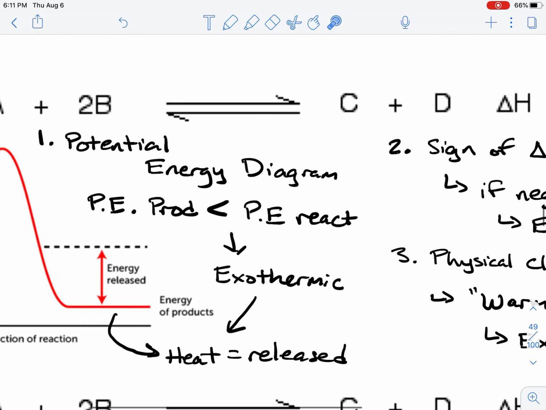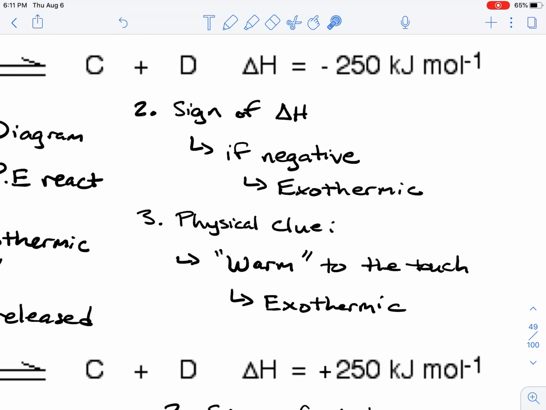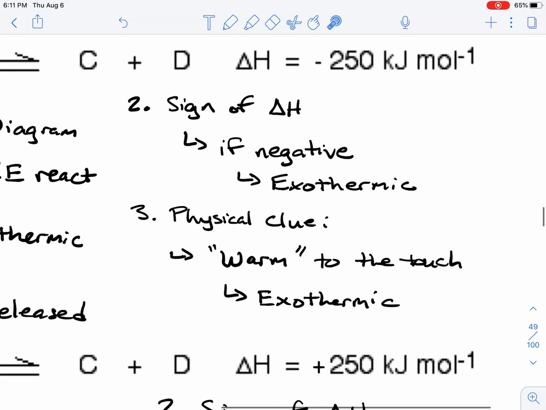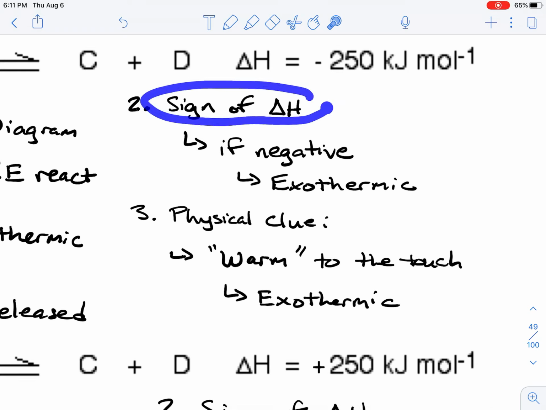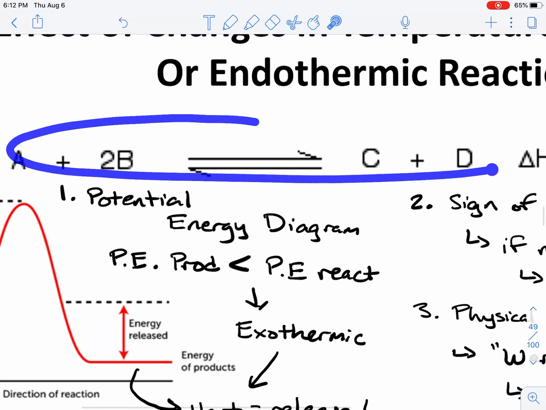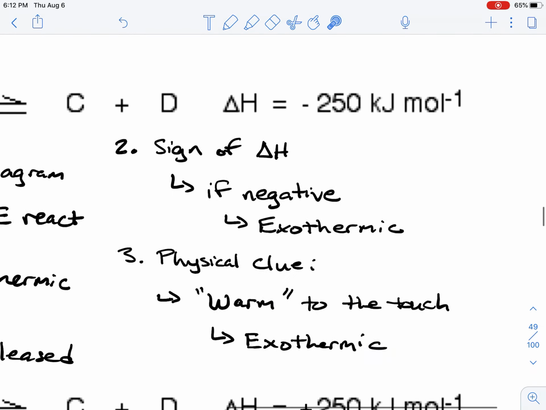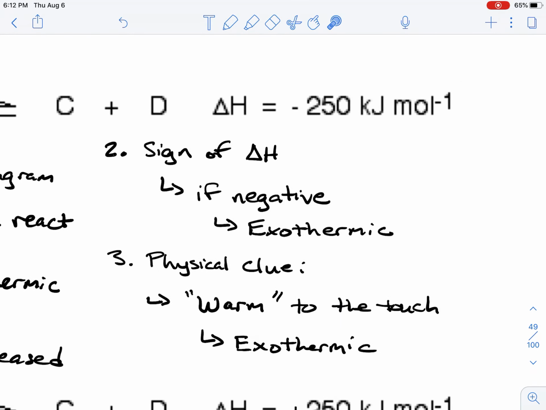And so another clue that would indicate to the reader whether or not the reaction is exo or endothermic is the sign of enthalpy. So let's just say that you guys were given a chemical equation on an exam, and the only thing that is given to you is the value for enthalpy.